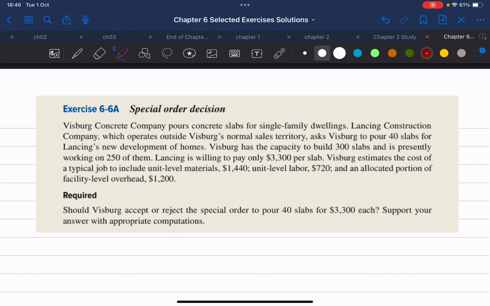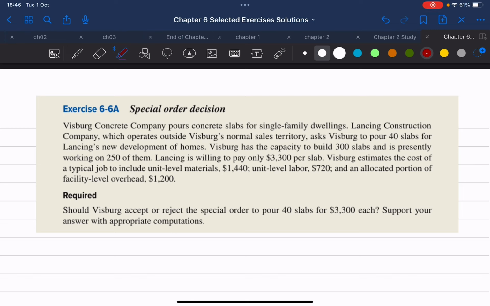And we said that the relevant information is mainly the relevant revenues and the relevant costs, right? So the incremental revenue that accepting that special order would produce to us, and the costs that are associated with meeting that special order, right?